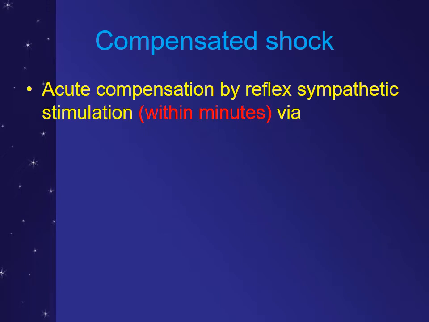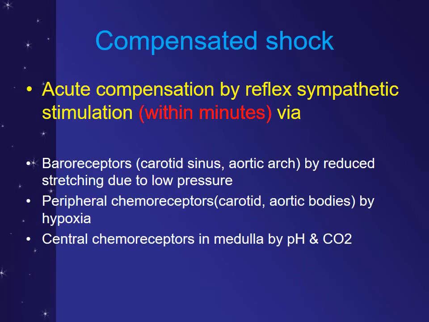So what are the things that are going to happen immediately? Within minutes, there's going to be an acute compensation by reflex sympathetic stimulation via baroreceptors, which are located in the carotid sinus and aortic arch.